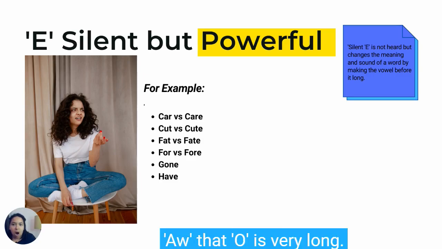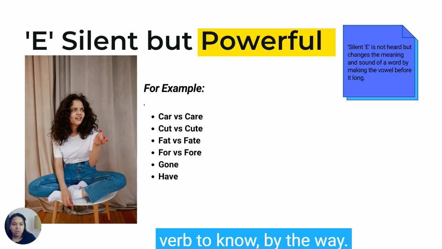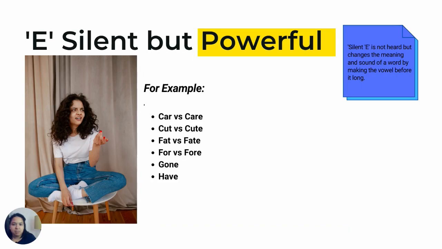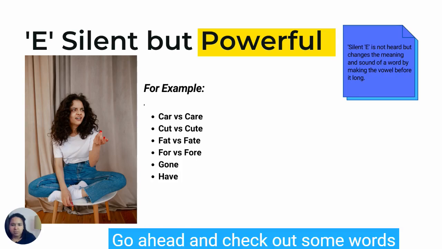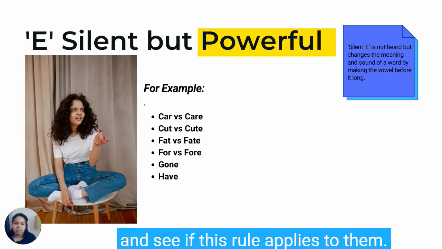Gone, that O is very long. Have, long A. Have is a very important verb to know, by the way. Go ahead and check out some words that you maybe had trouble with and see if this rule applies to them.